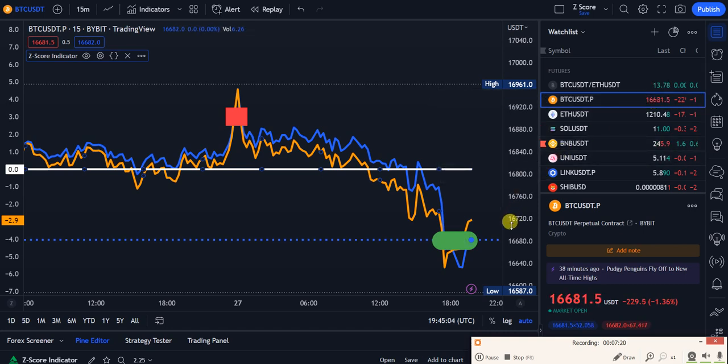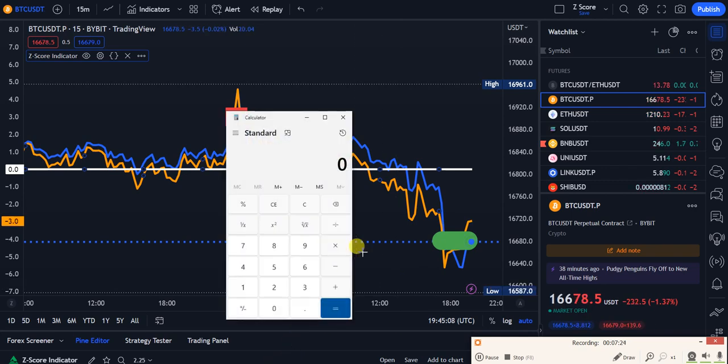That's good. That's like 50 points, from, I don't know, the last 20 minutes or so. If we do the math, 50 divided by 16,680, 0.3%.